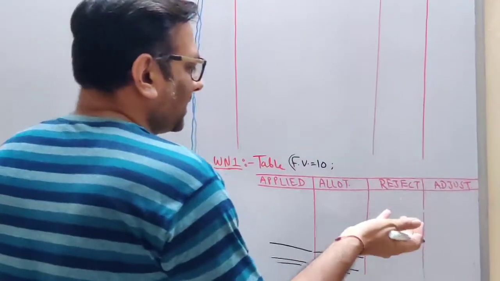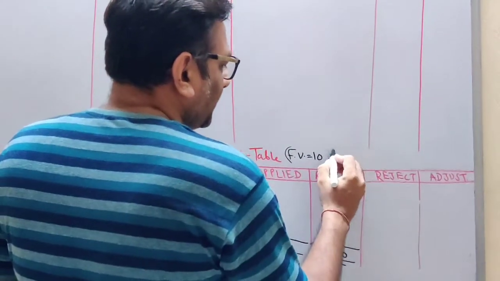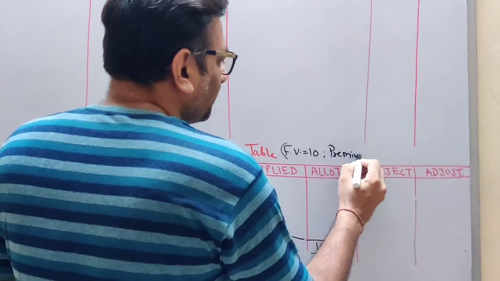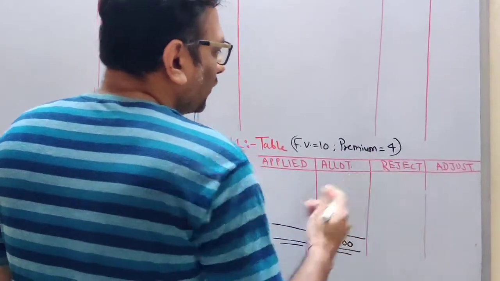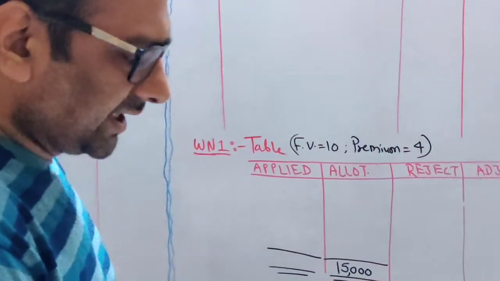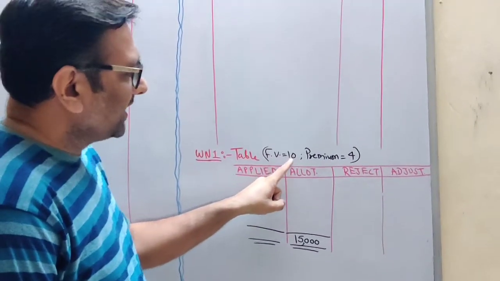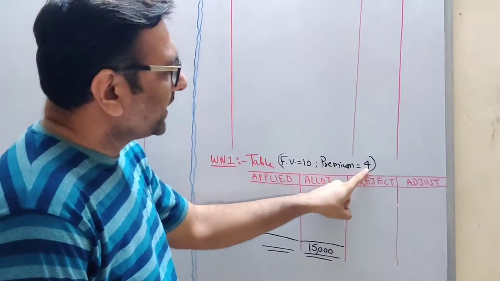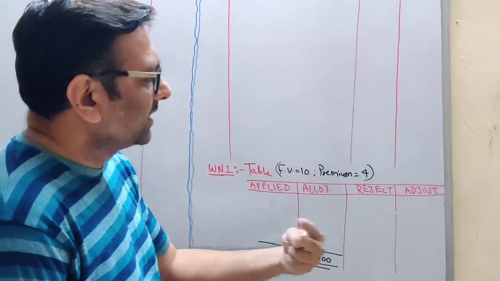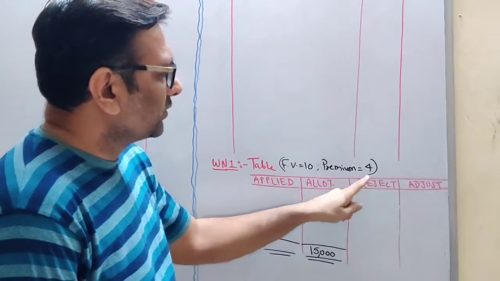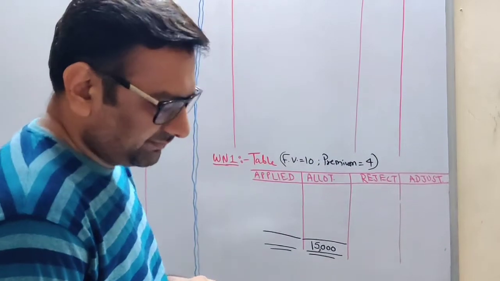Now how much extra money is the company asking? That will be treated as a premium, 4 rupees. So in the question, the company issued 15,000 equity shares of face value 10 at rupees 14. How much extra money is the company asking? 4 rupees. So 4 rupees is the premium money.